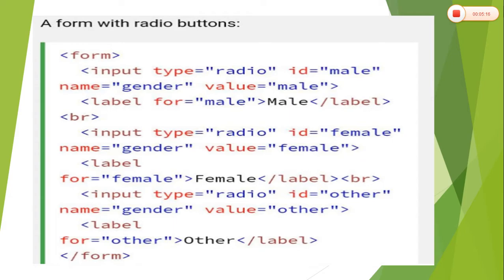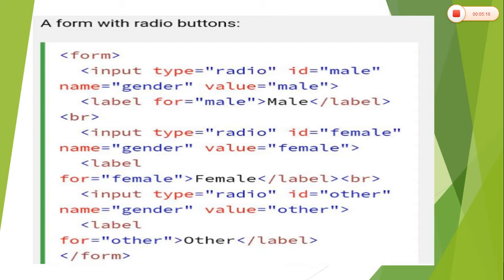After that we have to break the line, and for the second input also we write type equal to radio, female. Here also you write name equal to gender only. The common name is required for all the radio buttons, then only single selection is possible. If you write gender1, gender2, gender3 as the name, then it is not for a single purpose.